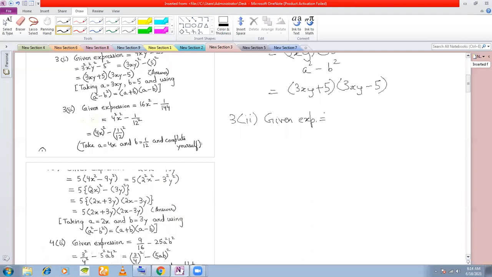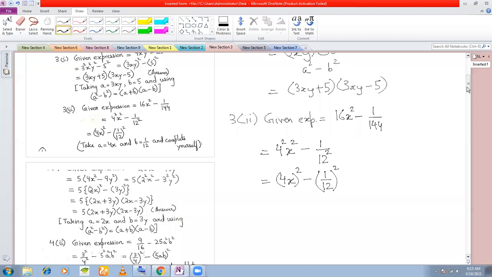3, 2. You have 16x square minus 1 by 144. 16 is the perfect square, so it can be written as 4 square. And 1 by 144, you know 144 is a perfect square, it is 12 square. Now 4 square x square can be written as the square of 4x, and 1 by 12 square can be written as the square of 1 by 12.